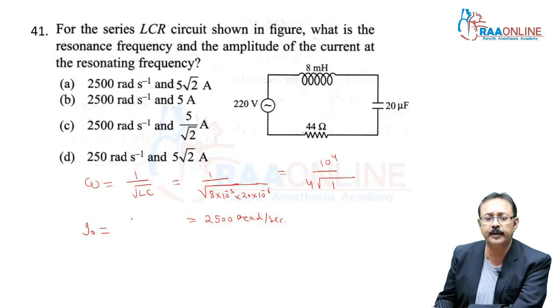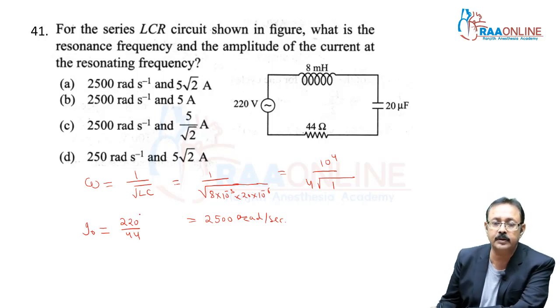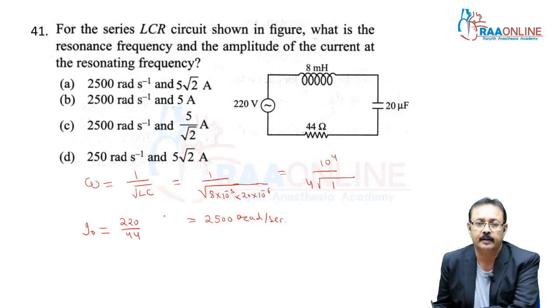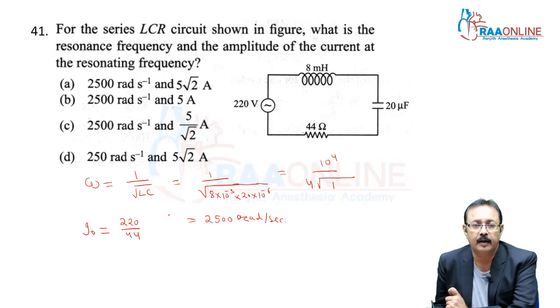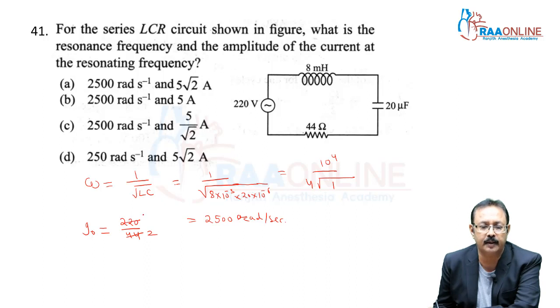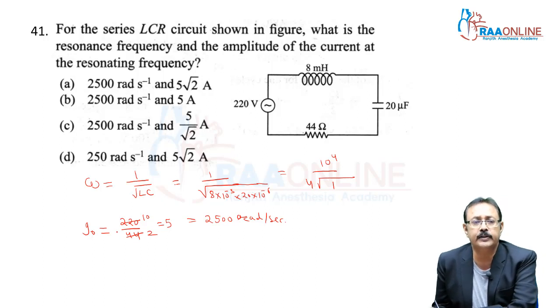What voltage do we supply? 220. What was the resistance? 44. So from there we can calculate I, because it is the case of resonance. V is equal to I into resistance, so the whole voltage is across the resistance. 220 divided by 44 gives 5. So the peak value of I is 5.